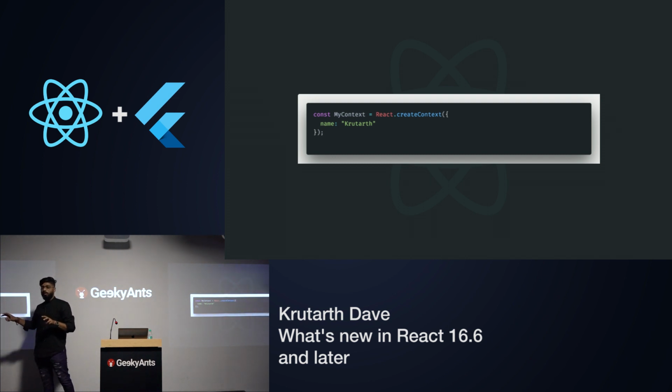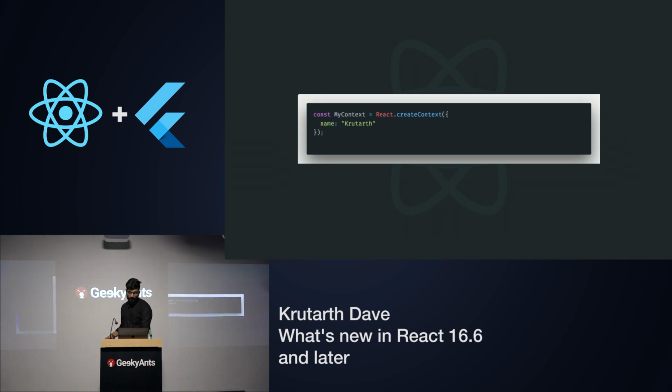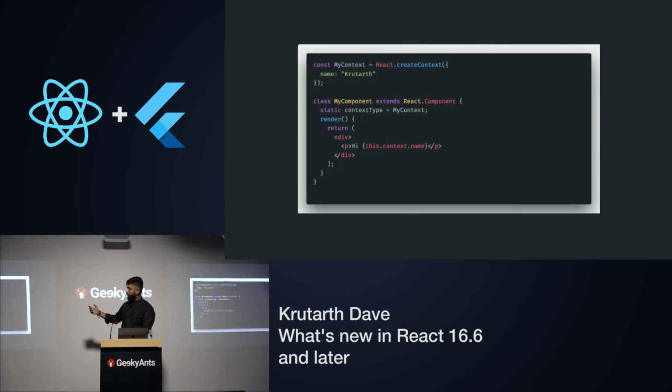Here I am creating a context object, and later on I'll use this context object like this. We all know static propTypes, right? The way we use static propTypes, that's the way we use contextType as well. And this way your entire app can share the same context when you declare it. And then you can use it easily with this.context followed by the variable and followed by the states which you have used in the context object.